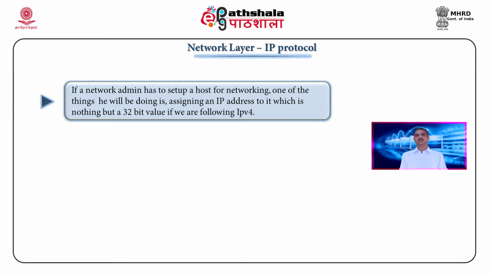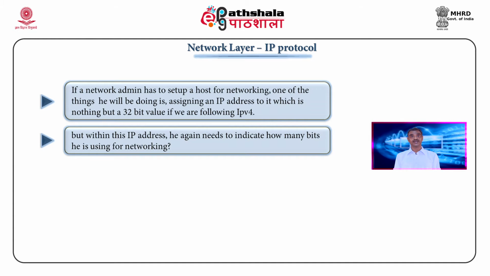So, on one part, he is specifying a 32-bit IP address, but within this IP address he again needs to indicate how many bits, out of the 32 bits in our case, he is using for networking. Now, how does he indicate this?